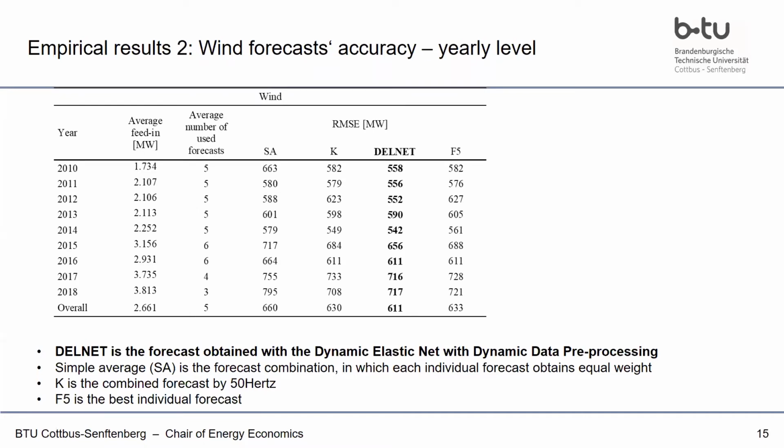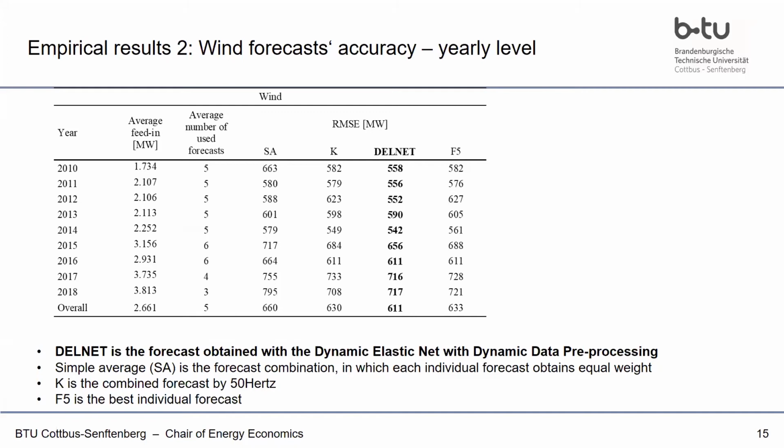Now I would like to discuss the wind forecast accuracy at the annual level. So for the wind, we have the years 2010 to 2018. Here again, delnet is the forecast obtained with the dynamic elastic net with data pre-processing. So RMSE delnet on average is 611 megawatt and lower than RMSE of SA, as well as RMSE of F5, which is here the best individual wind forecast.